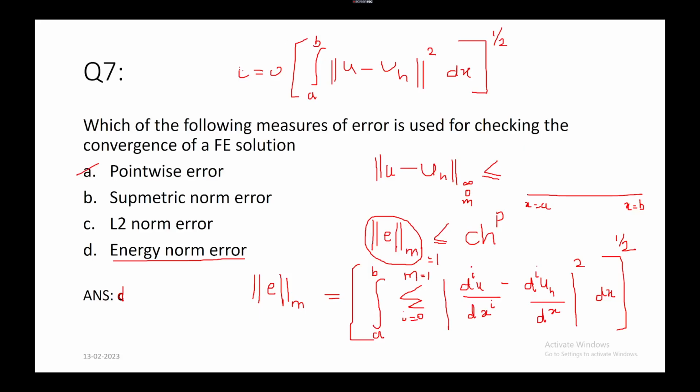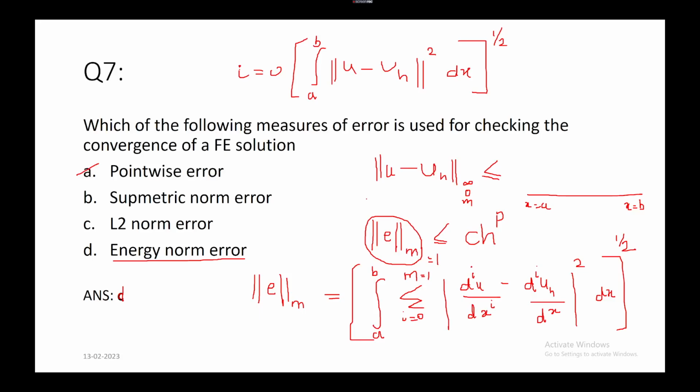So this is for i equal to 0. If you have i equal to 1, then you have du by dx. If i equal to 2, then you have d square u by dx square. So the energy norm, based on your m value, will have some derivative terms also.